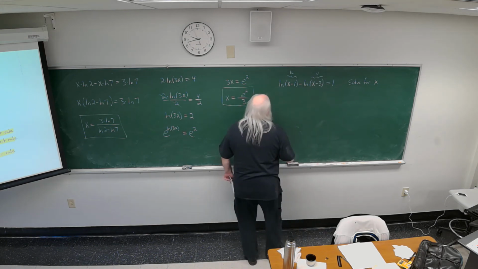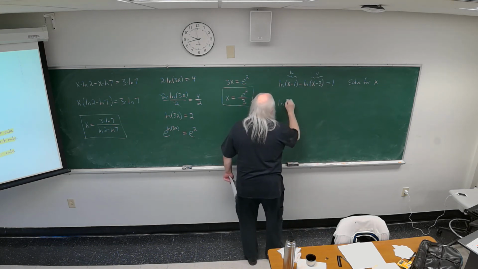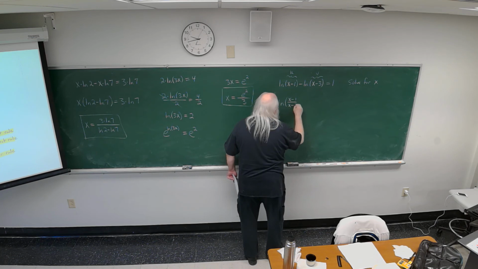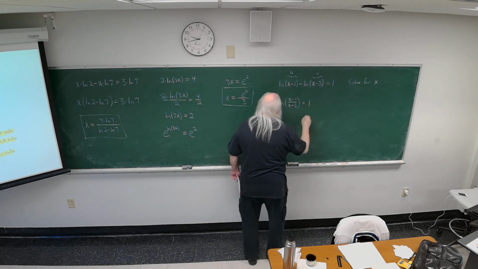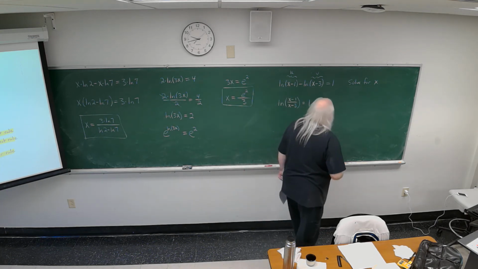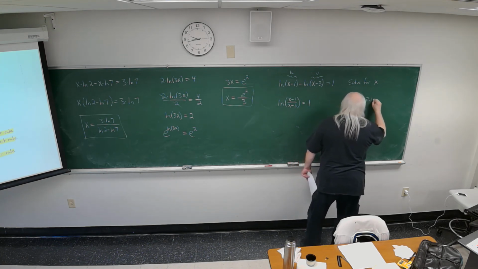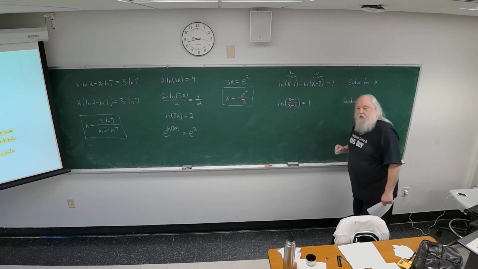So the left-hand side is equal to the natural log of u over v, which is x minus 1 over x minus 3 in this case. So that's the application of the quotient rule in reverse.